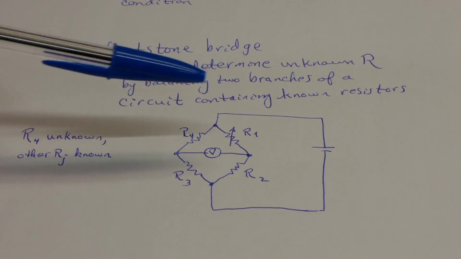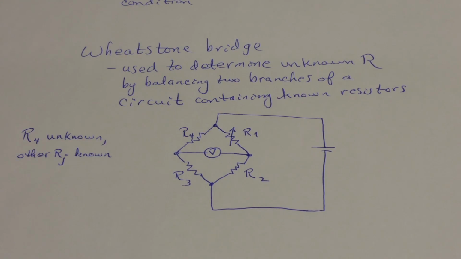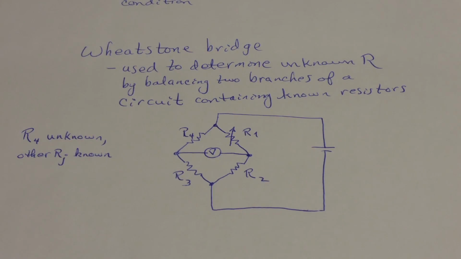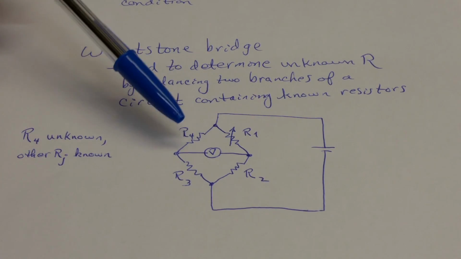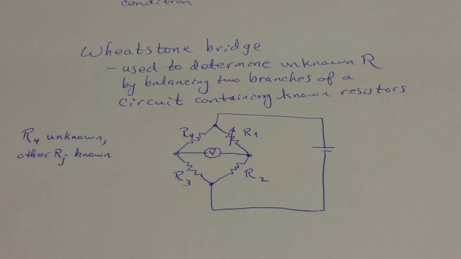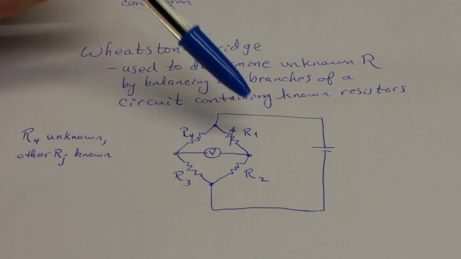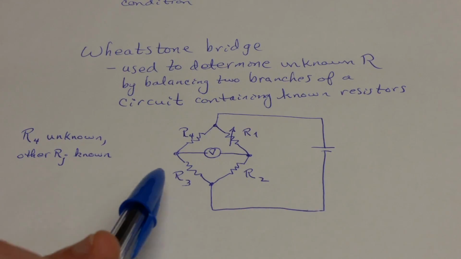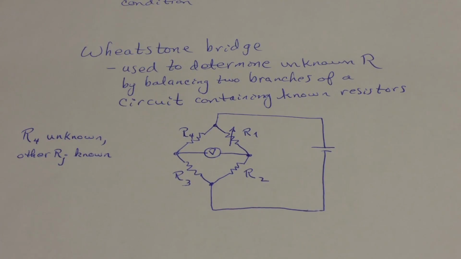Generally, one of these resistors is variable, so a potentiometer, and you circulate DC through this bridge and adjust R1 until there is no potential difference between these two nodes in the circuit. That is to say, this will be null, it will read 0. And from this condition, and knowing R1, R2, and R3, you can then calculate R4.